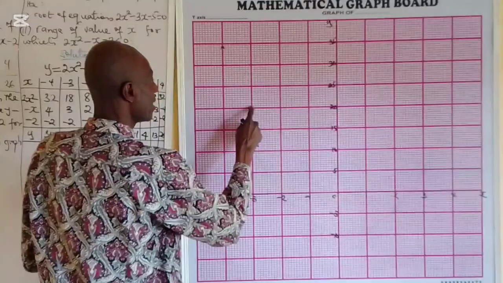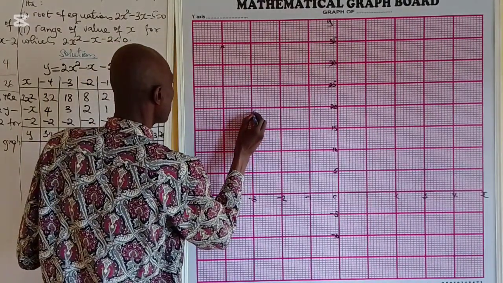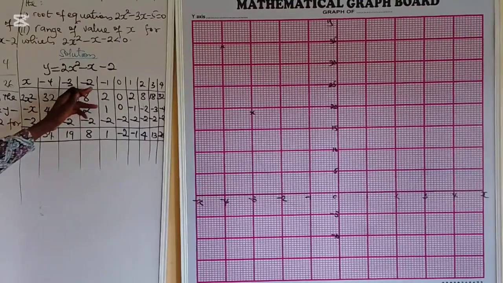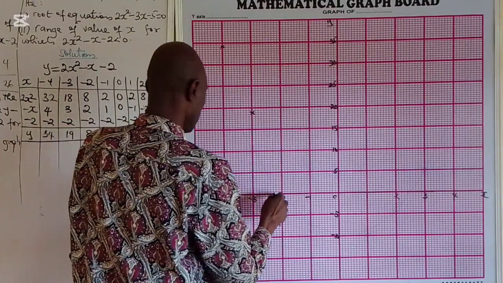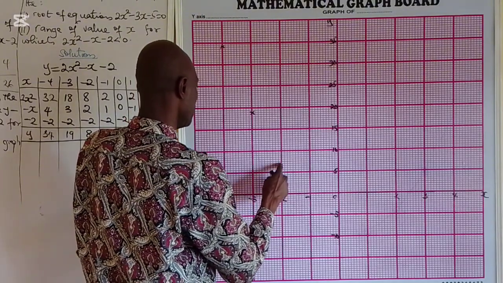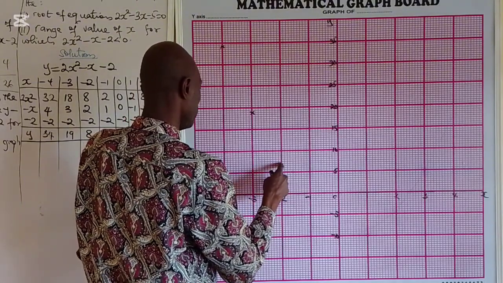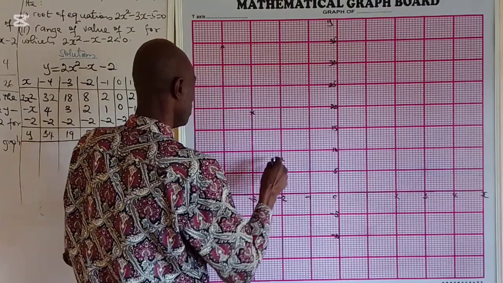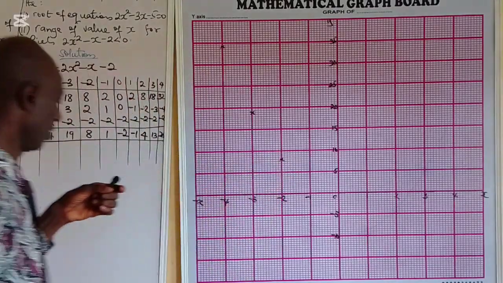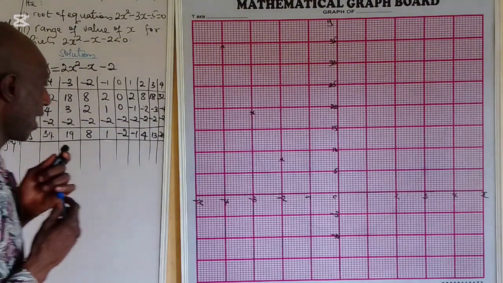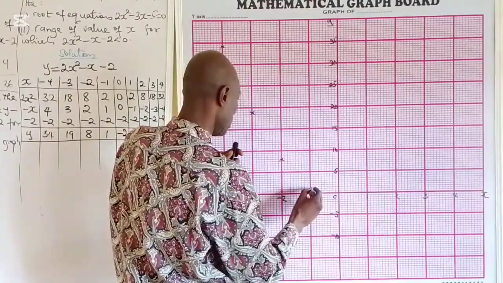Here is 20, so here is 19. When x is minus 2, y is 8. Here is 5, 6, 7, 8. Here is 8, and here is 10. When x is minus 1, y is 1. Here is your 1.